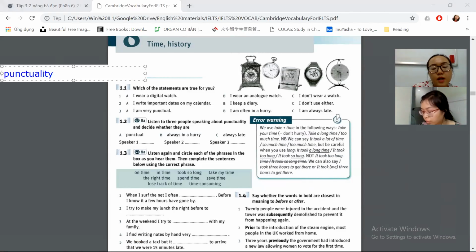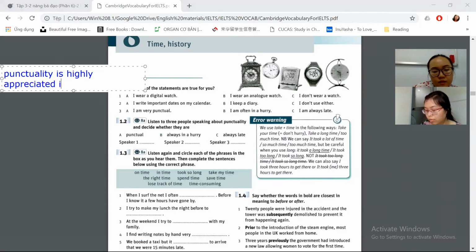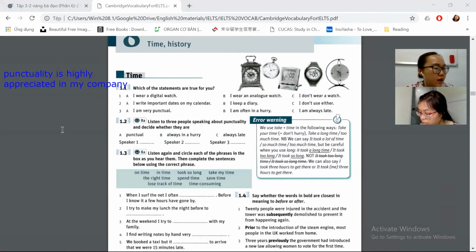"Punctuality is highly appreciated in my company." So punctuality is really important in my company. Punctuality là cái sự đúng giờ, right?